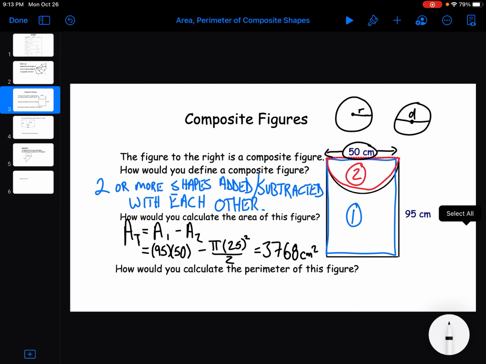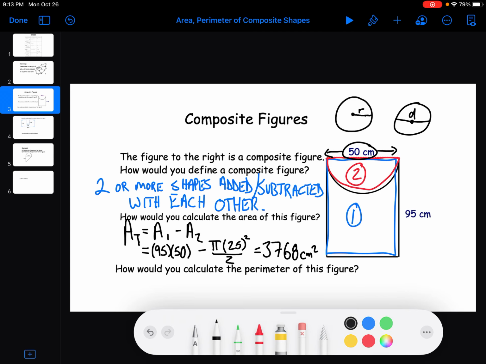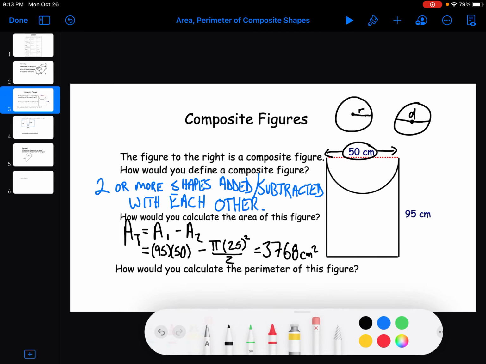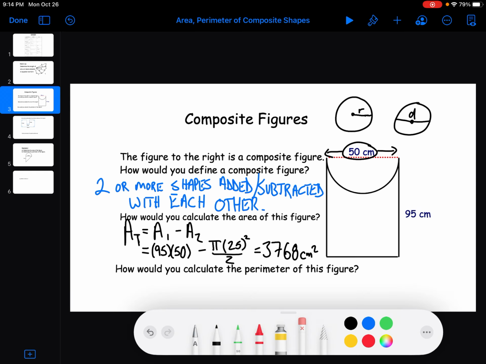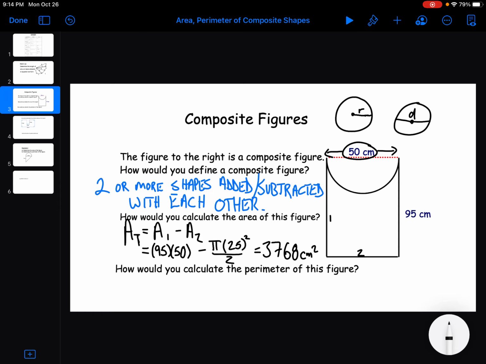To find the perimeter, I'm not going to actually go through and find it, but we would do something very similar. With the perimeter, we need to add up all the sides. My sides for this are going to be 1, 2, 3, and then half of the circle. So I would have perimeter equals 95 plus 95 plus 50 plus, now the circumference or perimeter of a circle is 2 pi r, or pi times d, and we only need half of it.